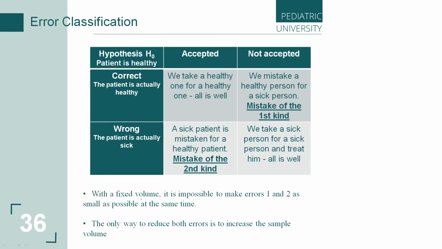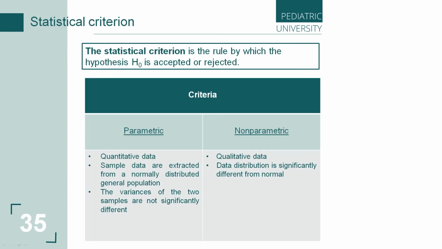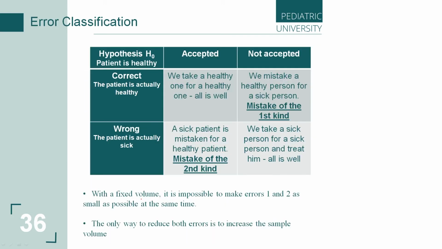Let's break down what the power of the criterion is. We said that these criteria are more powerful. And what is the power of the criterion? First, we need to understand what kind of errors there are in hypothesis testing. Let's look at this example.